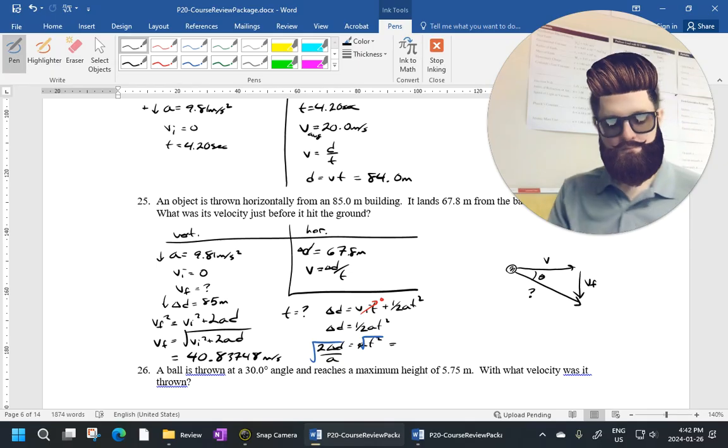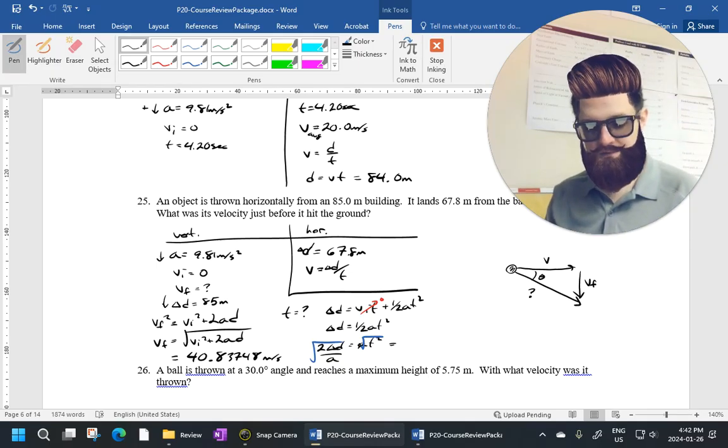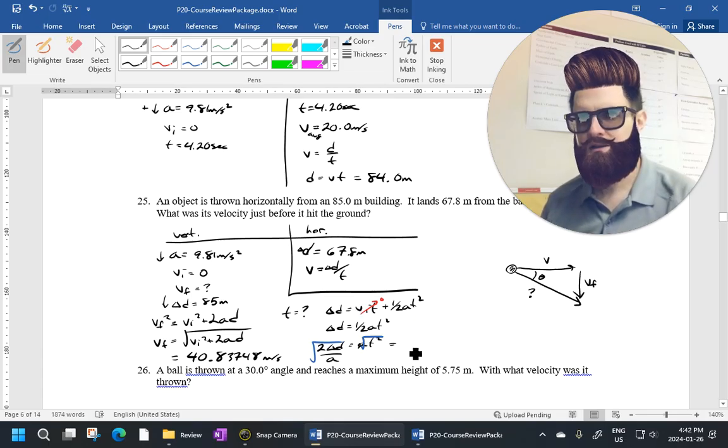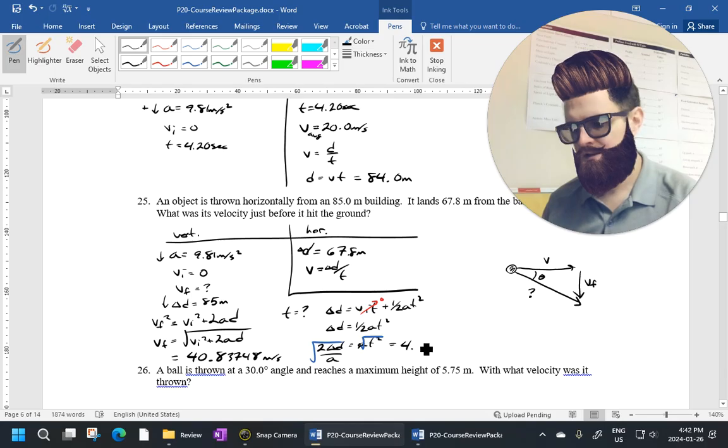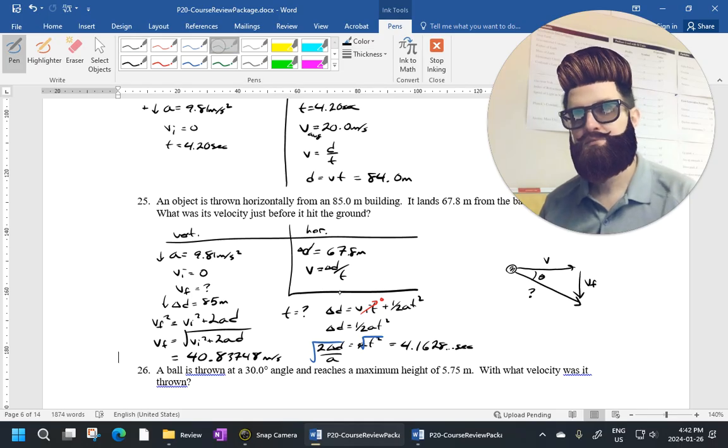Okay. So 2 times the 85 divided by the 9.81. Take the square root. So the ball or whatever object is in the air for 4.162 blah blah blah seconds. So now what I'm going to do with that time, I'm going to take that time and go up here with it.